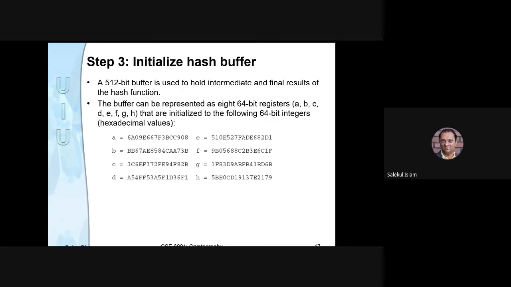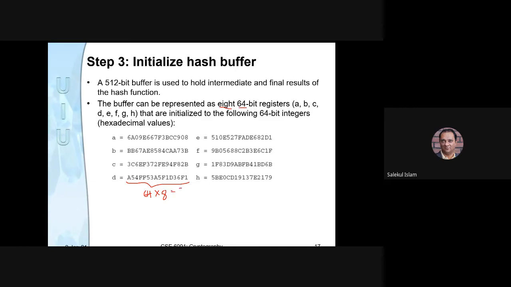We have 16 hexadecimal numbers. So each buffer here is 64 bits in length, right? 16 hexadecimal numbers means each hexadecimal number needs 4 bits. So each buffer, you have 8 buffers and all of them are 64 bit. So if you multiply 64 times 8, you find that this is equal to 512.